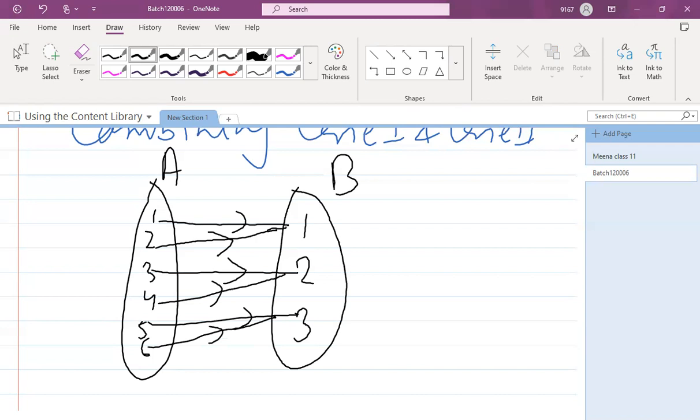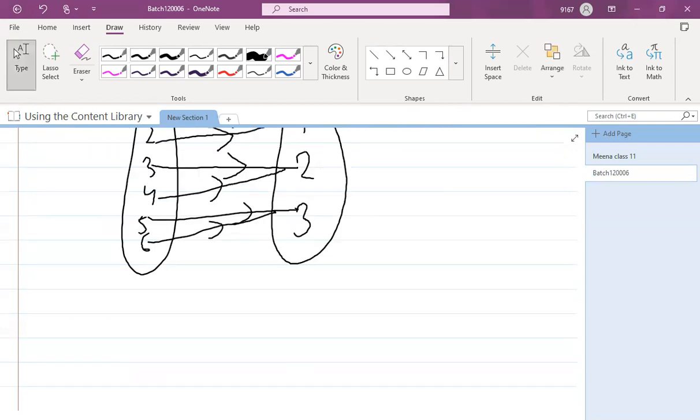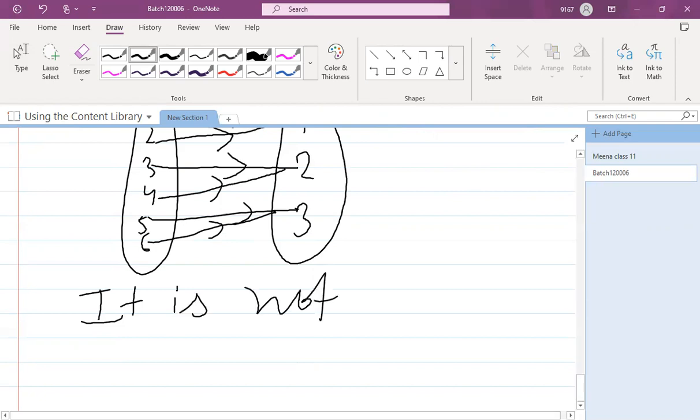We see that for 2 elements of set A, there is just 1 image. So it cannot be one-one function, it is a many-one function. So it is not one-one.